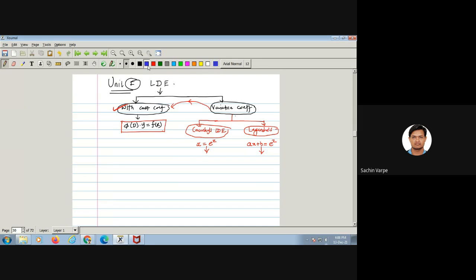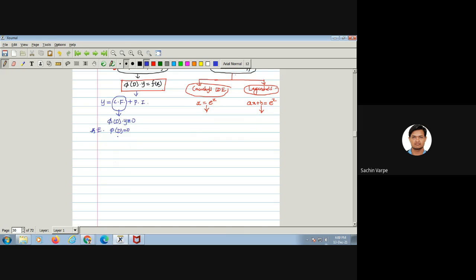So the solution of this LDE with constant coefficient is called the general solution, and that is of the form y equal to CF plus PI, complementary function plus particular integral, where the complementary function is a solution of the homogeneous differential equation phi of D into y is equal to 0. We consider its auxiliary equation phi of D equal to 0, and we have obtained the roots of the auxiliary equation. Depending upon the nature of the roots, we have the formula of the complementary function.